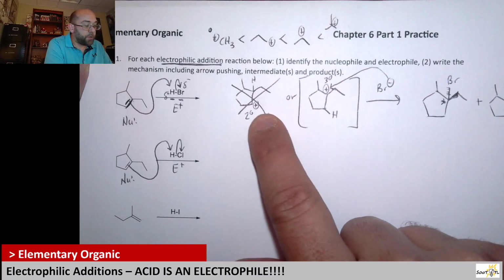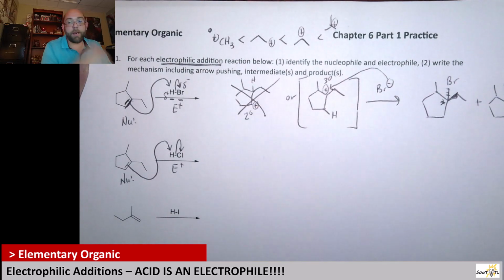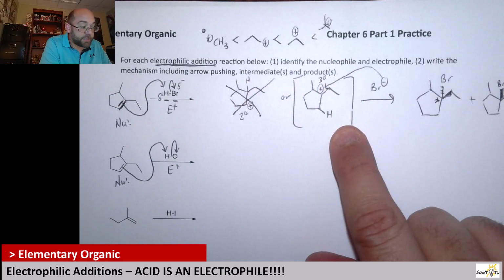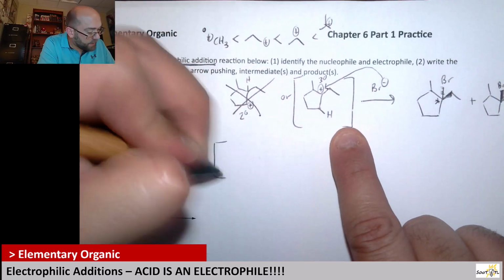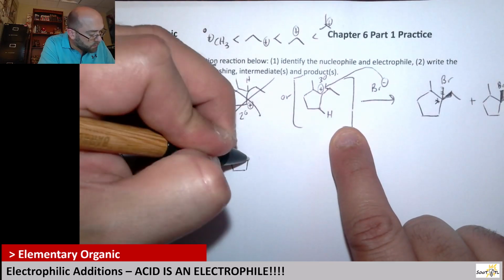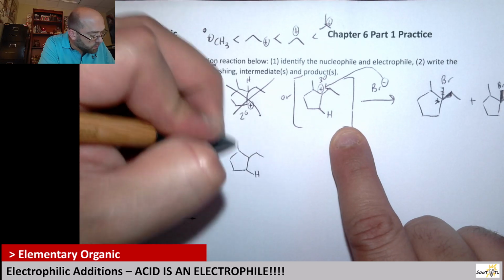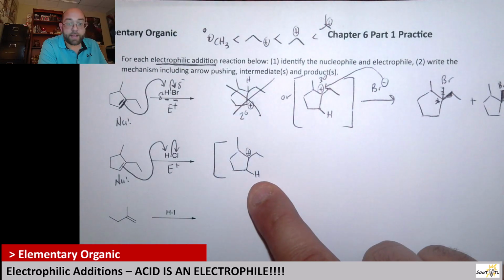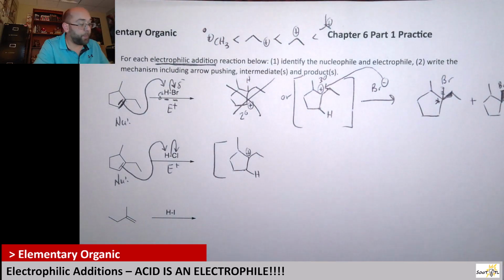And then what are you going to have? Hydrogen can either go to the top carbon or the bottom carbon, and guess what? It's going to be the same carbocation intermediate. The tertiary one, right? That's going to be the more favored carbocation intermediate.